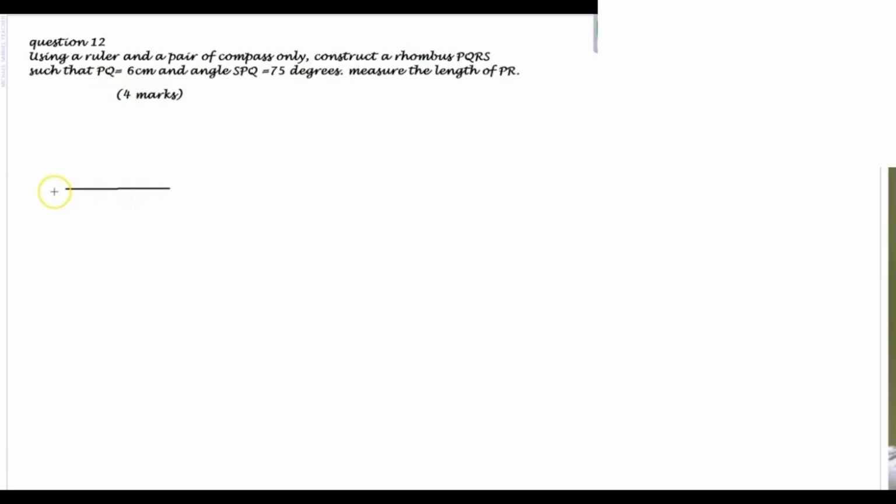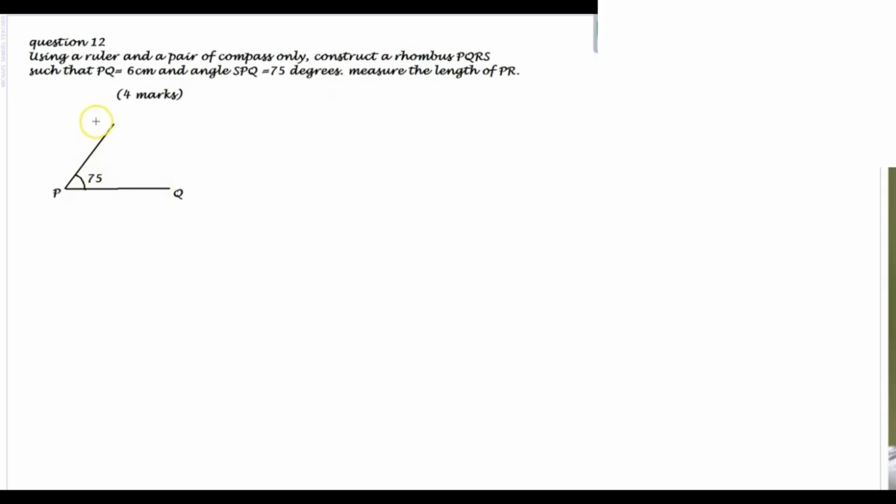We have PQ, so that is Q, and then at P is where we have 75 degrees. At this particular point, this angle will be 75 degrees. And we know the properties of a rhombus such that all sides are equal.